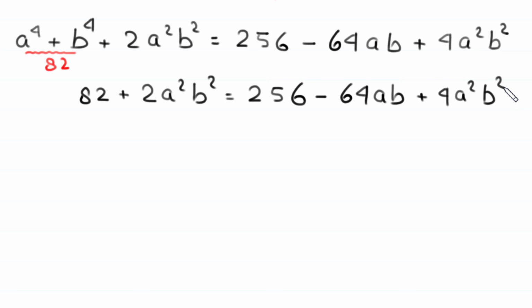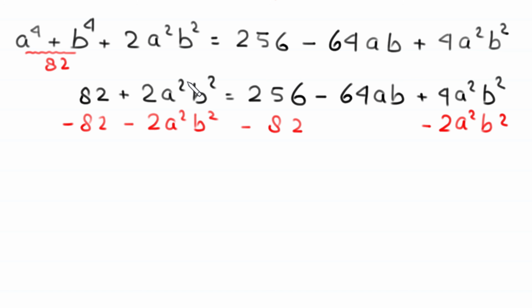Now we subtract 82 and we subtract 2a squared b squared from both sides. From the right hand side we subtracted 2a squared b squared, so this cancelled out and this cancelled out.